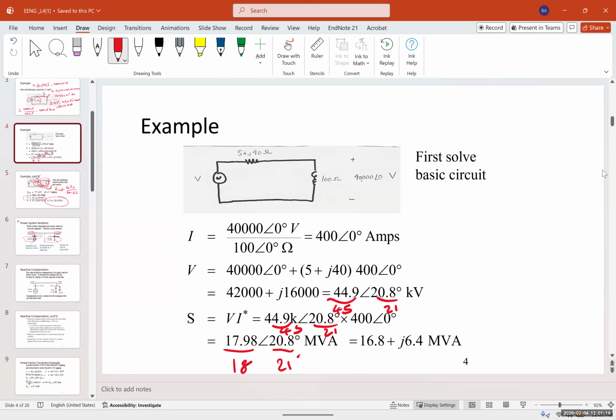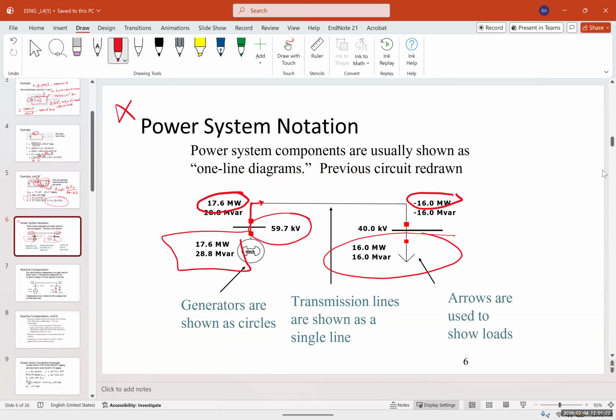It comes from the real part of the transmission line, the resistance of it, which is the 5 ohms that we have. And then we have the reactive part, which creates the reactive waste in the line as power goes from the generation to the load, and it's wasted in the transmission.